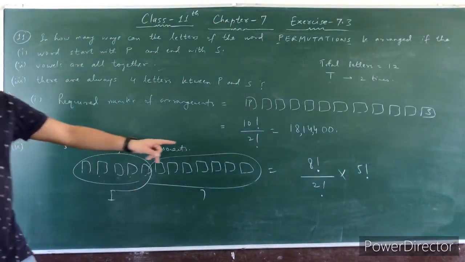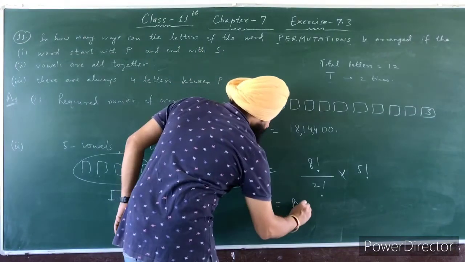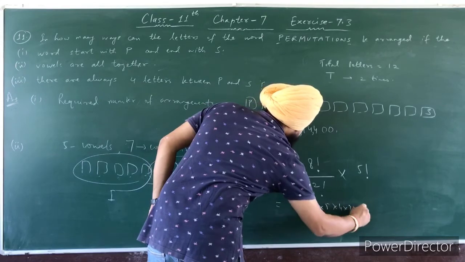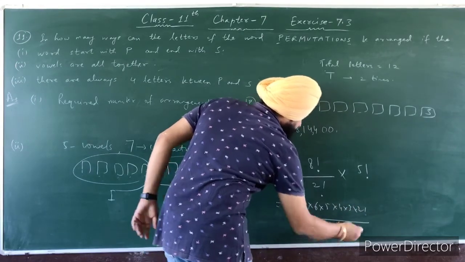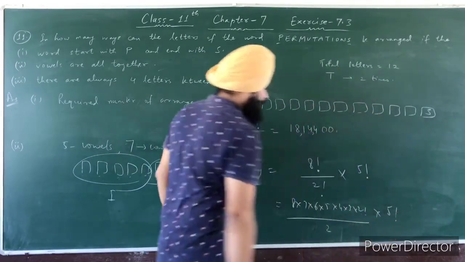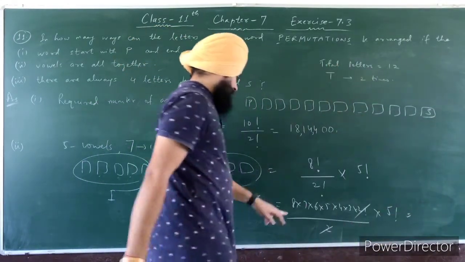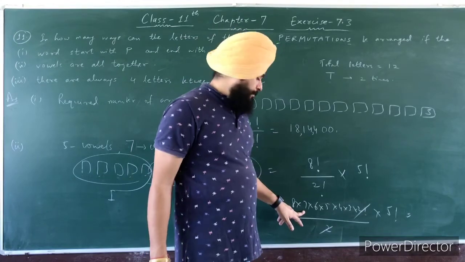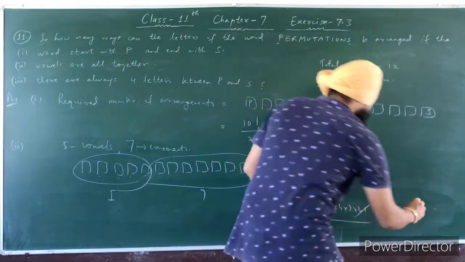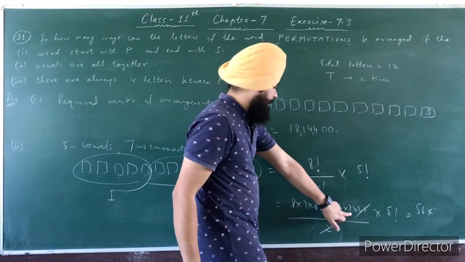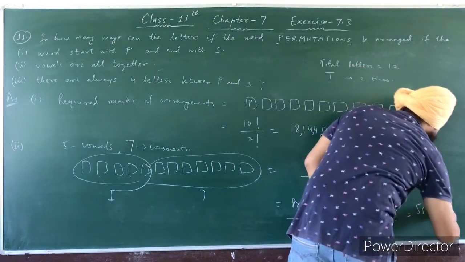So the answer is how much? 8 factorial, 8, 7, 6, 5, 4, 3, 2 factorial, divided by 2, into 5 factorial. So this 2 cancels. What is the answer? 8 sevens are 56. 6 5s are 30, 3 4s are 120, 120 3s are 360.